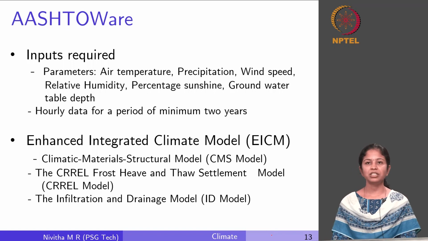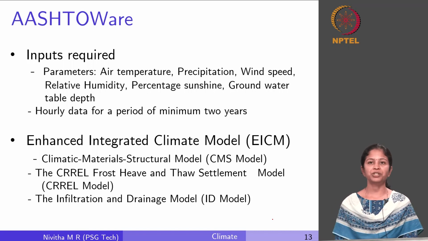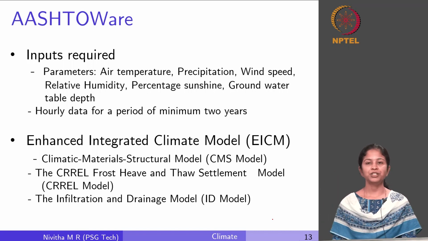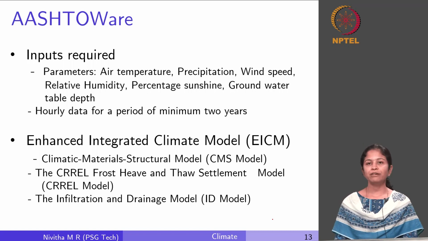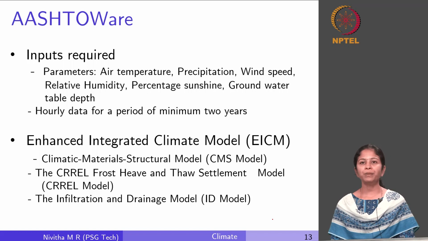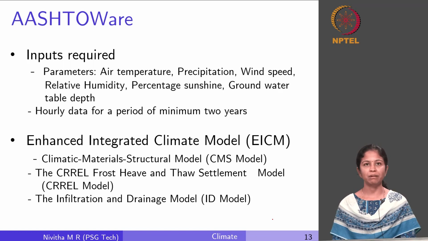For the locations that are present in the US, there is a default list of weather stations. If you pull down the option there, the stations for which a climate database is available will be listed. We can either choose locations from that, or we can upload our own climate database, right.